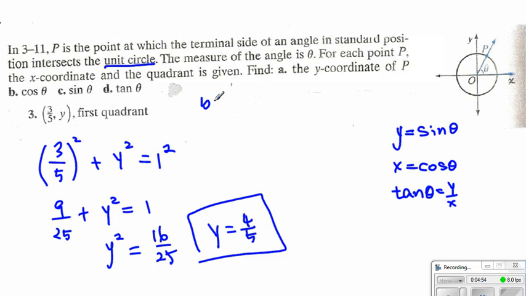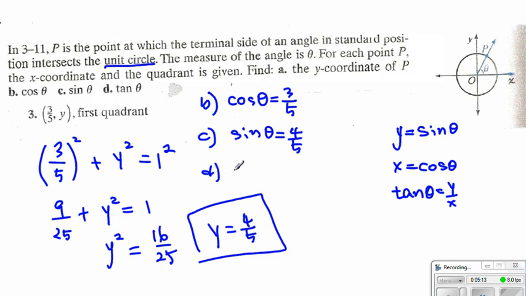So here, cosine is the x value, so cosine theta is equal to 3/5. Sine theta is equal to 4/5. Tangent theta will be y over x. That means 4/5 over 3/5. If I multiply 5 top and bottom, then we'll simply end up getting 4/3.